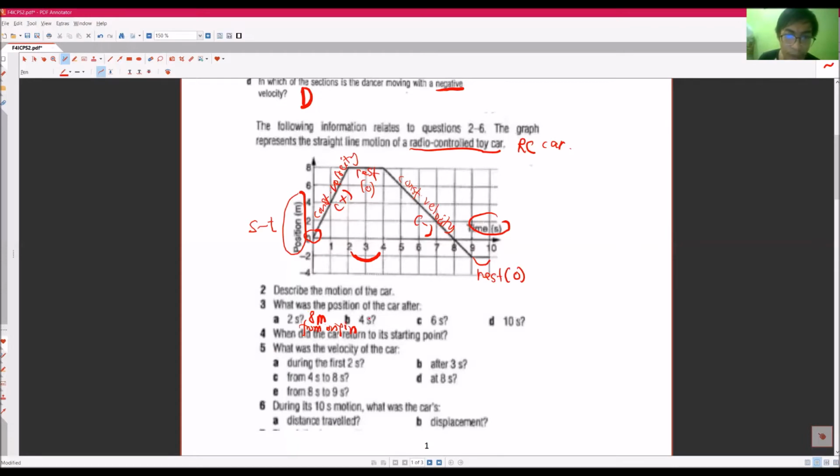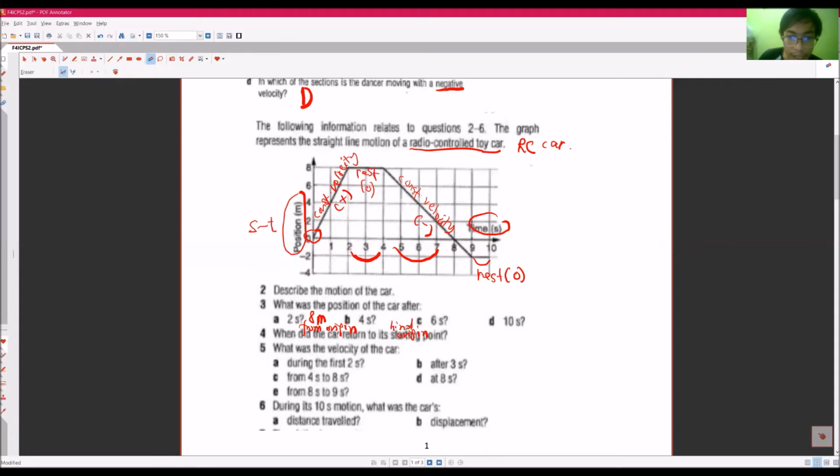So after 4 seconds, moving towards origin, 2 meters behind origin. 2 meters behind origin, 6 seconds. So we cannot say it's 2 meters behind origin then.